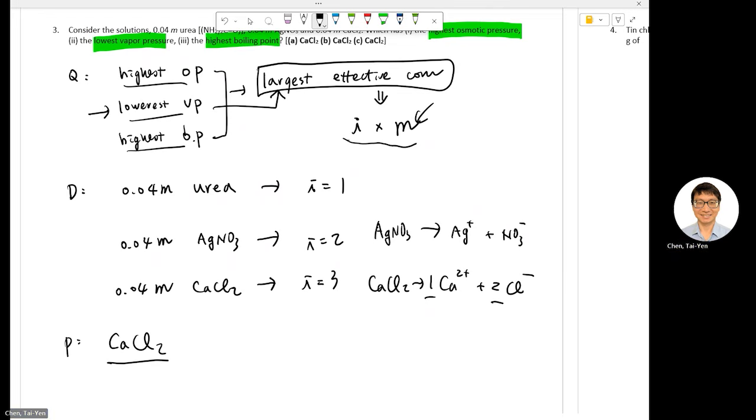Because it is an organic compound, it doesn't produce charged species that dissolve. Yes, every time you have an organic compound, i is equal to 1. Any other questions? I guarantee you're going to see this type of question, so you better know how to calculate your i. We good?